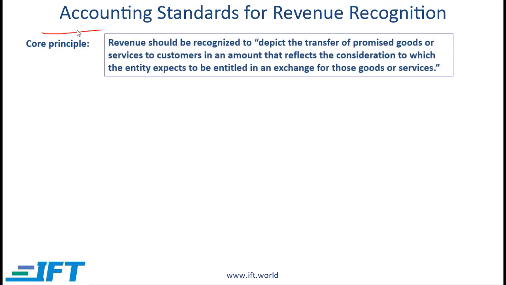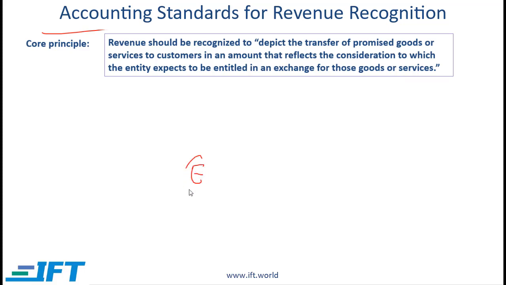First, let's understand the core principle of the converged standard. Now, this is again with respect to revenue recognition. So the principle is this: revenue should be recognized to depict the transfer of promised goods or services to customers in an amount that reflects the consideration to which the entity expects to be entitled in exchange for those goods or services.